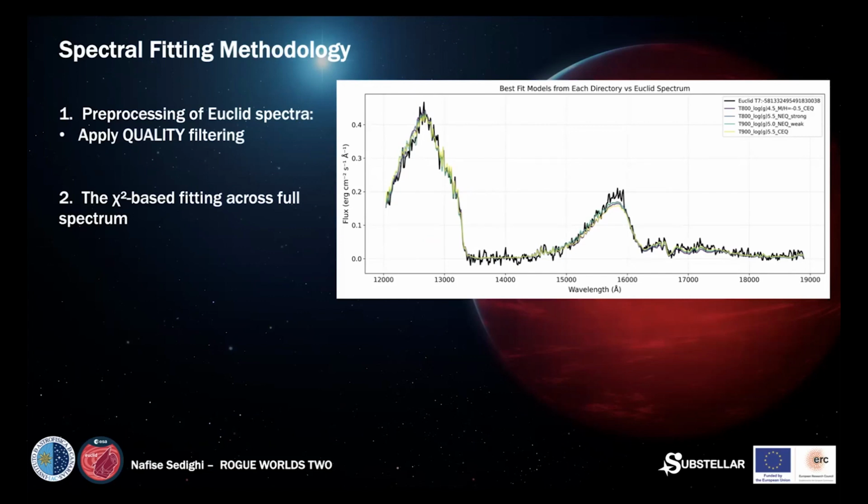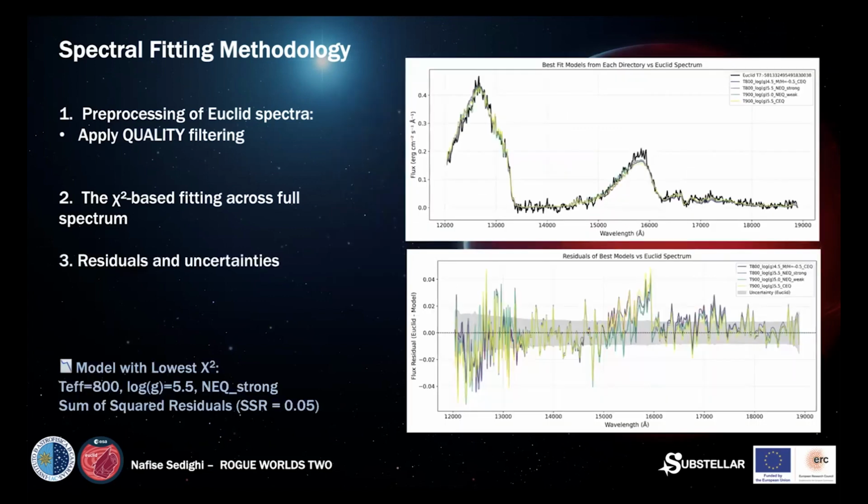I used the chi-square fitting method, and if we take a look at the residual and uncertainties, this is the best fit of the models that we have, with the residual between 0.04 and minus 0.04. Then we will have the effective temperature, gravity and metallicity of the best model.